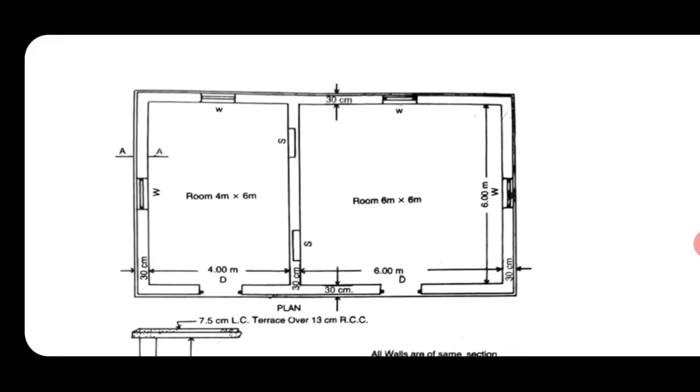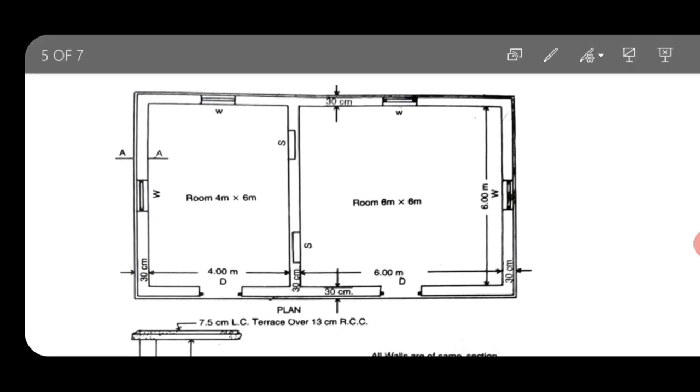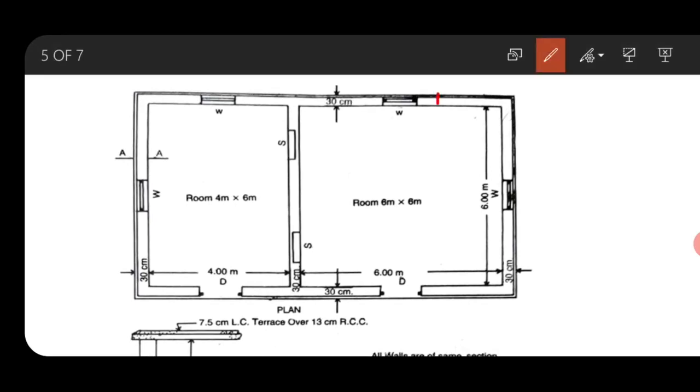That means these two walls will be considered as long wall, this wall and this wall, and the wall which is running transversely we will consider that as short wall. That means these 3 are considered as short wall and these 2 are considered as long wall.